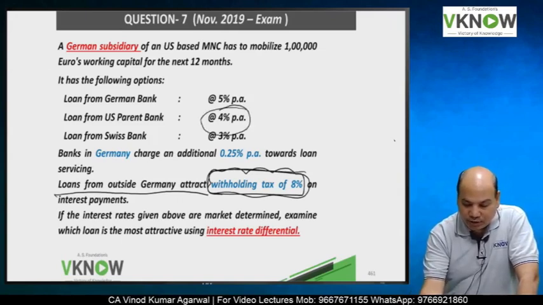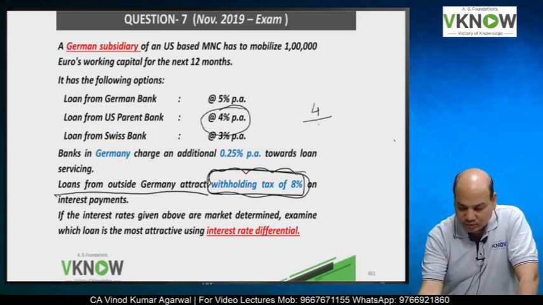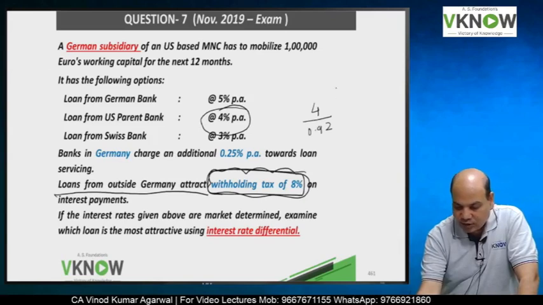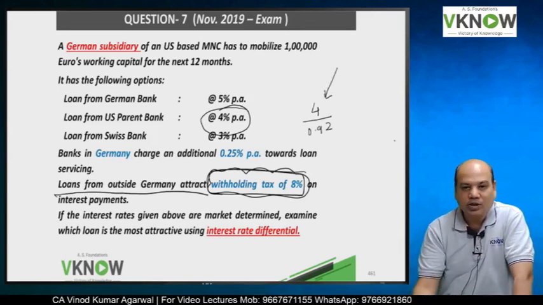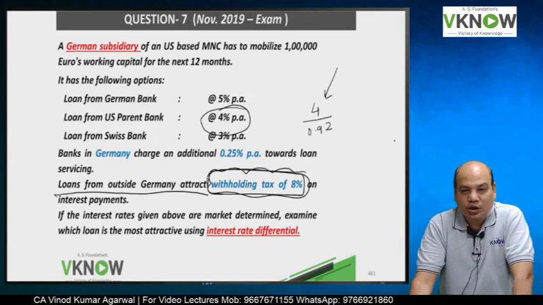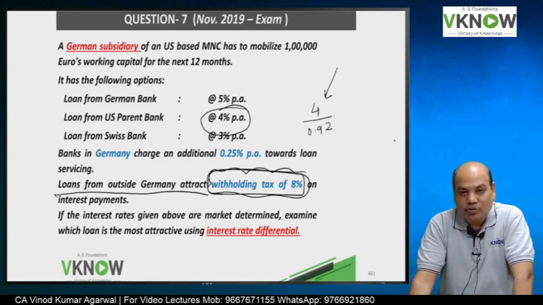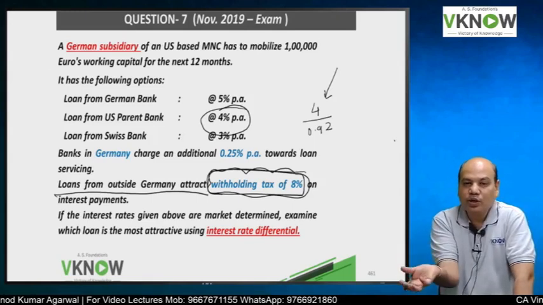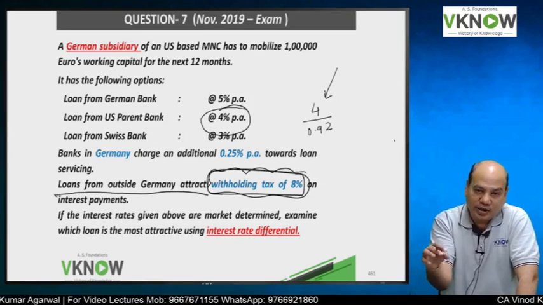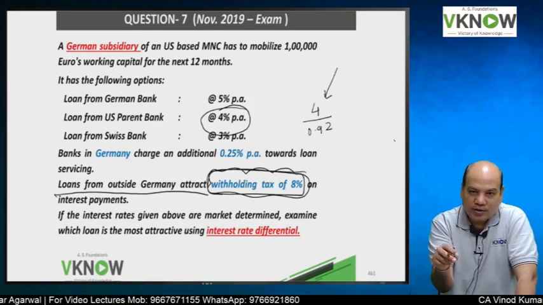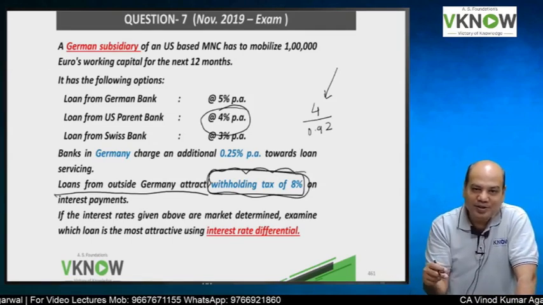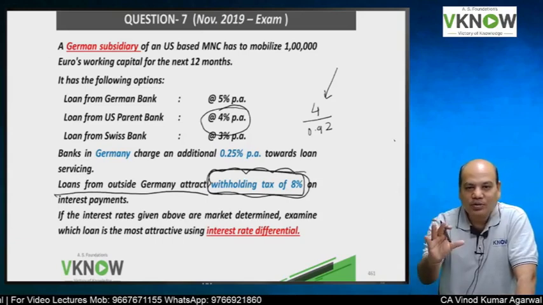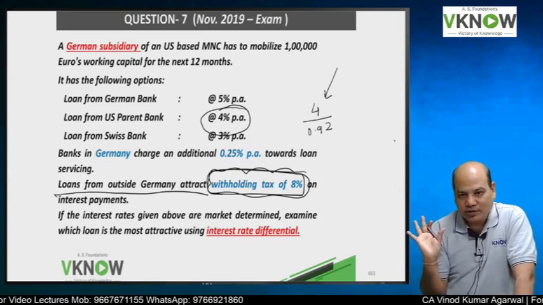This US parent bank is charging 4%. But they will say, I want 4% in my account. So who will have to bear the burden of this withholding tax? The German firm. So the German firm will have to actually give them a higher interest rate so that after deducting 8%, they should get 4%. Is it right?